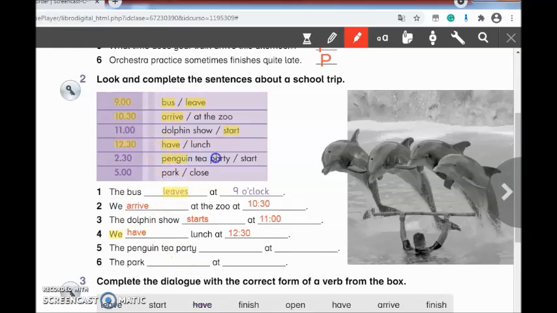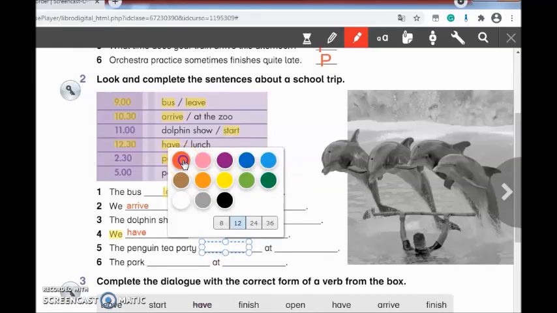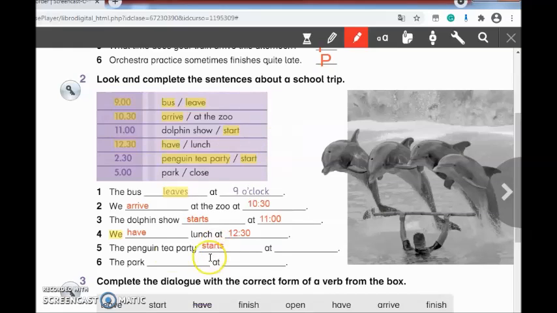Here we have the subject, the penguin tea party, and the verb start. We will put it in the correct way. Start. Why? Because here we have one party. It is singular. That's why we add s to the verb start. At 2:30. Here we have the time.